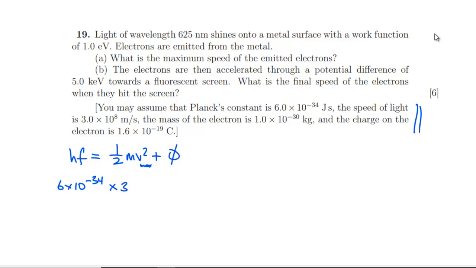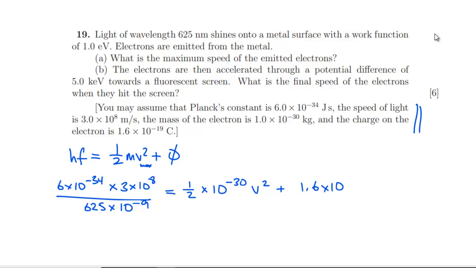So 3 times 10 to the 8 divided by our wavelength, which is 625 times 10 to the minus 9. And that is going to be equal to, where's the mass of the electron? So we've got a half times 10 to the minus 30 times V squared plus 1 eV, so 1.6 times 10 to the minus 19.